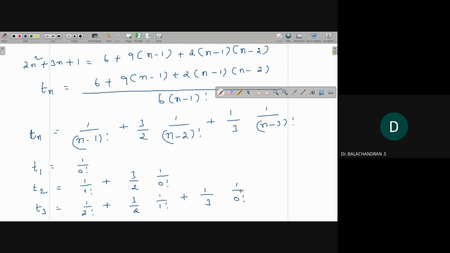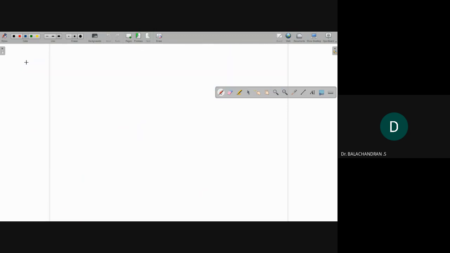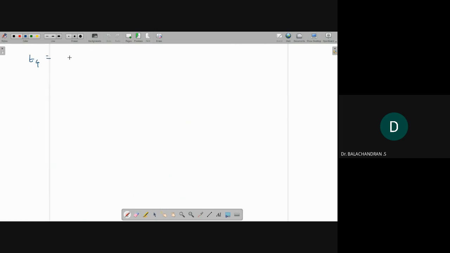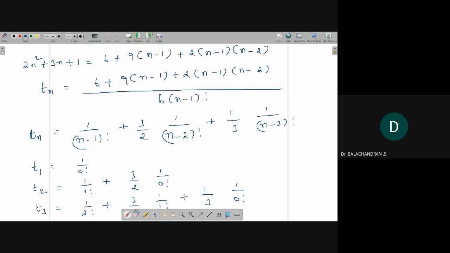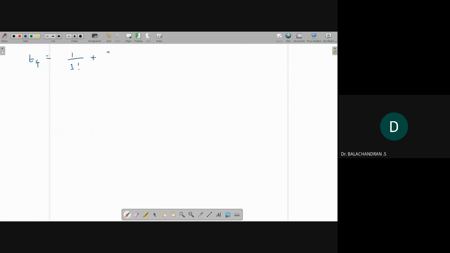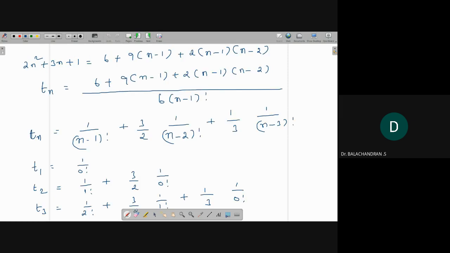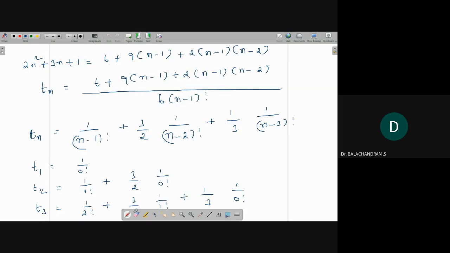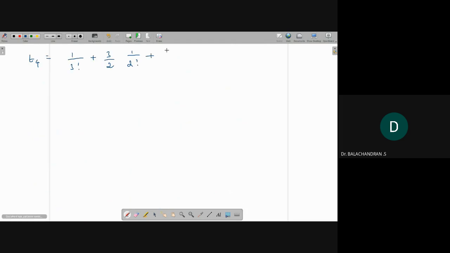And then T4. What is T4? Please tell. T4 equal to 1 by 3 factorial plus 3 by 2 into 1 by 2 factorial plus 1 by 3 into 1 by 1 factorial.